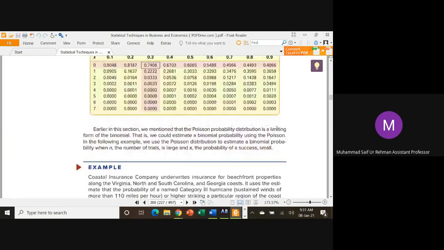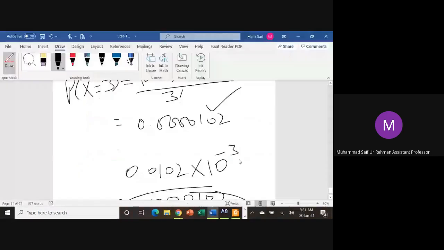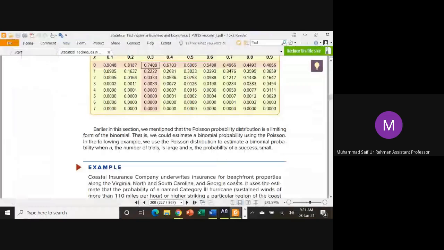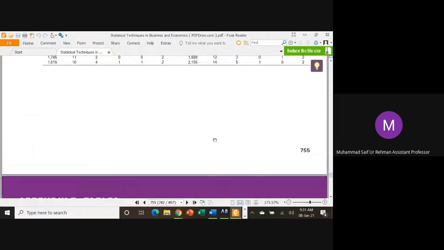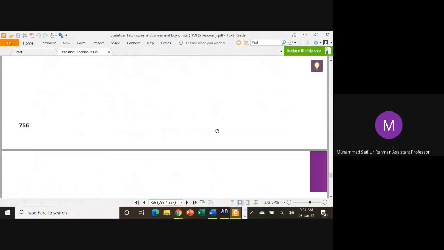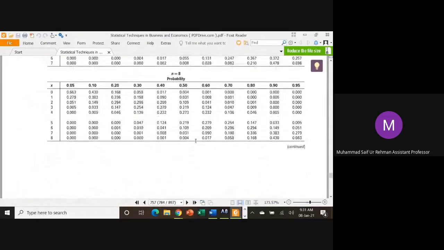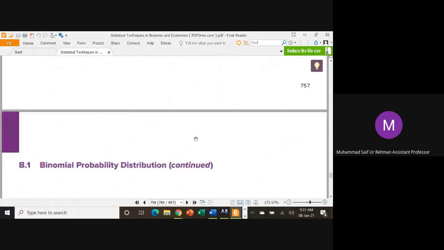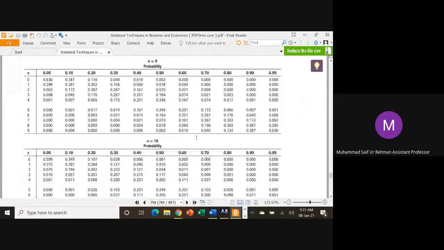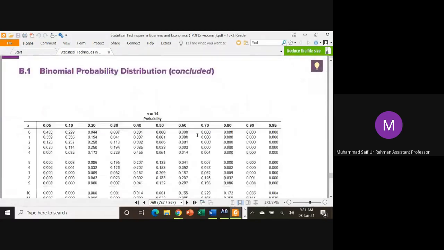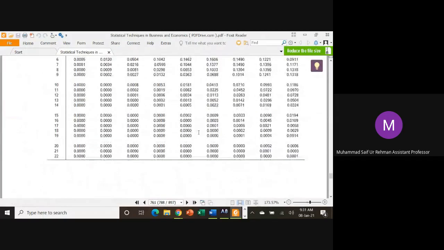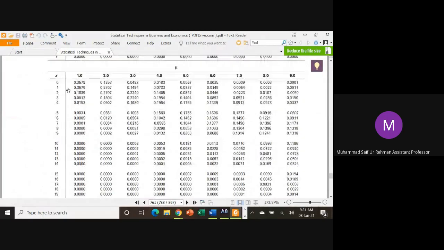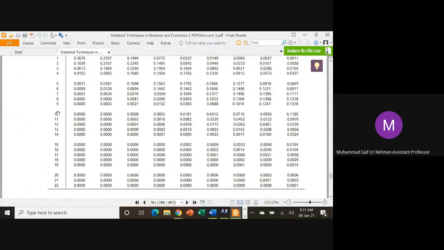This is not over. Let me go to the table. Yes, these are the tables. Come over here. This is the binomial probability distribution table, and this is the Poisson. If you see x is equal to 20 in our case, you will come over here.